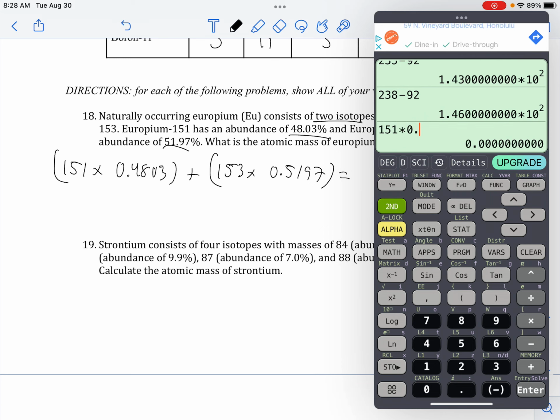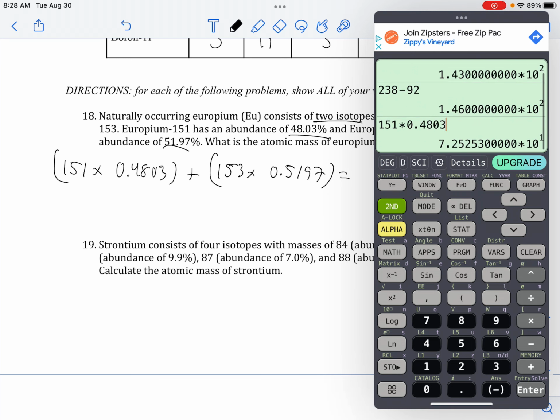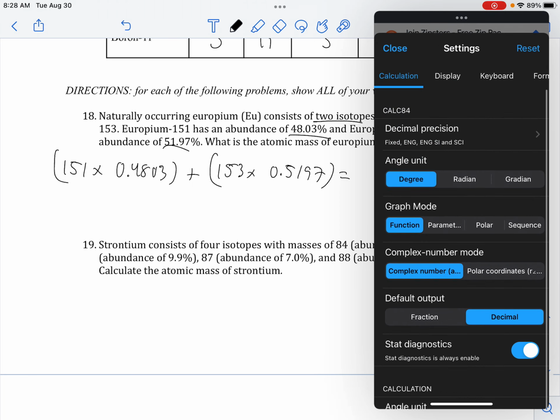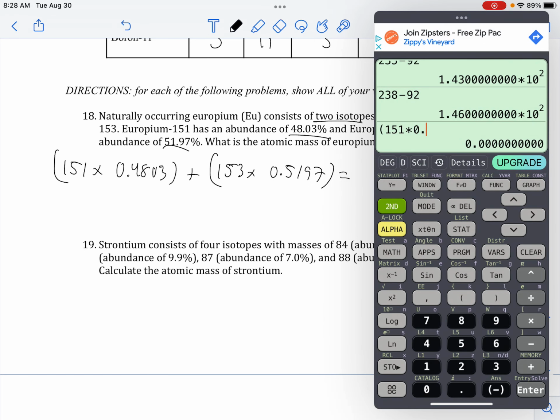Let's punch this into our calculator. 151 times 0.4803 added to 153 times 0.5197.